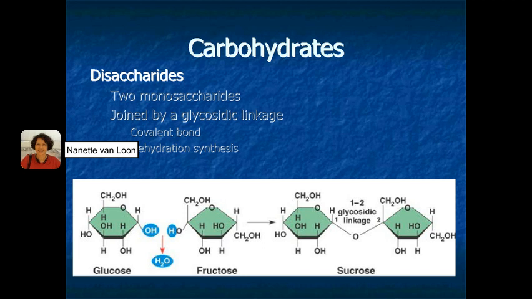Monosaccharides are capable of forming polymers with each other, and the first step in doing that is to form a disaccharide. A disaccharide is two units of monosaccharide that are joined together through dehydration synthesis, forming a covalent bond between them.